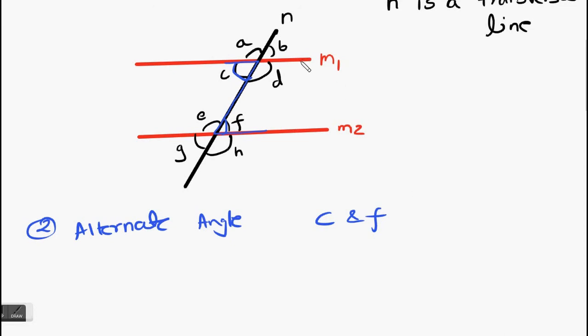So this and this angle are alternate, and similarly on this side D and E are alternate angles. So basically these are alternate angles: C and F, D and E.